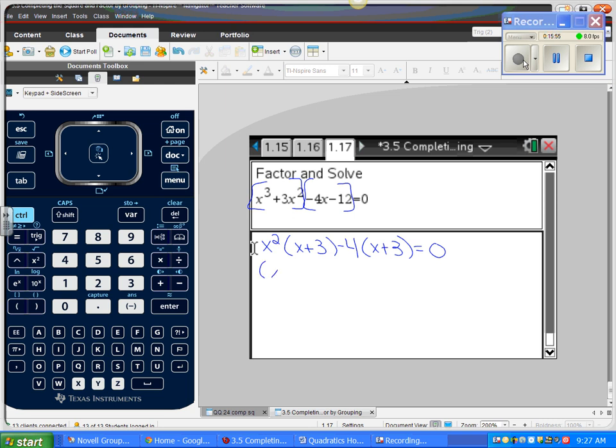Okay, so what's out front and what they have in common, right? Now what? So we get x equals plus or minus 2 and x equals -3. Solutions are -3, -2, and 2.